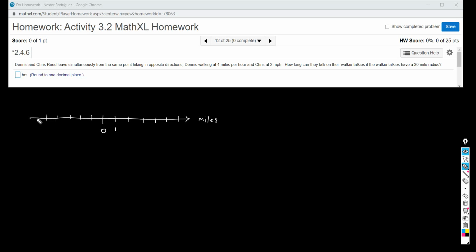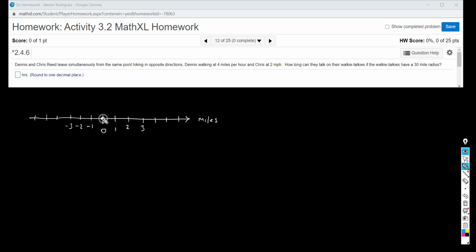And if you remember, when we go backwards from the origin, these are negative miles, just like negative numbers. There is nothing wrong with a negative mile. All that it means is that it's to the left of the origin. That's all it means. No mystery. So this is where my two people are going to be walking. Let me put those two people right there at the origin.